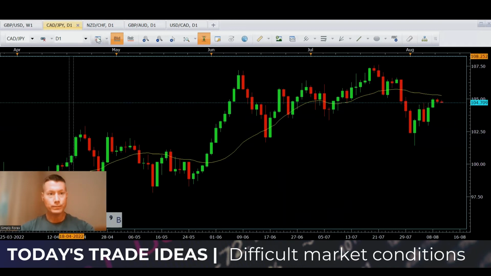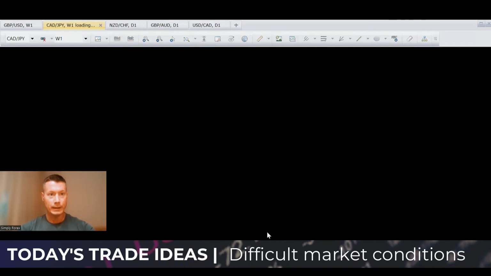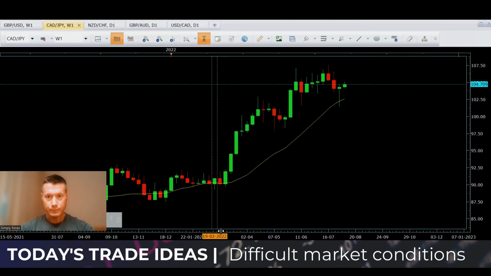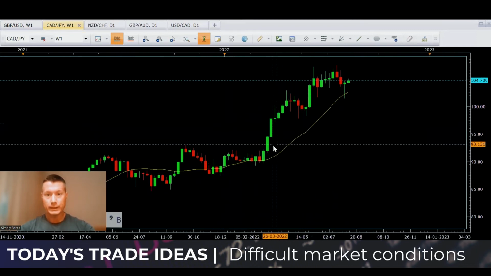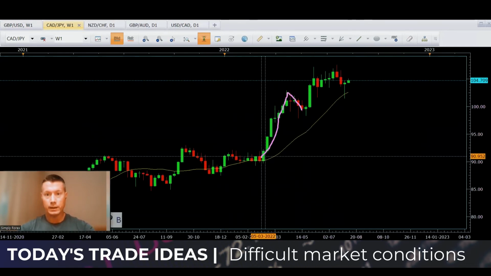So if we go to the weekly chart on this pair now, guys, uptrend. Higher highs, higher lows, higher highs, and then price has bounced off of this. What was once support then becomes resistance, and I'd be looking to buy this market.